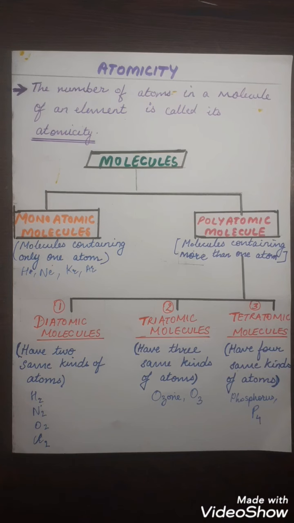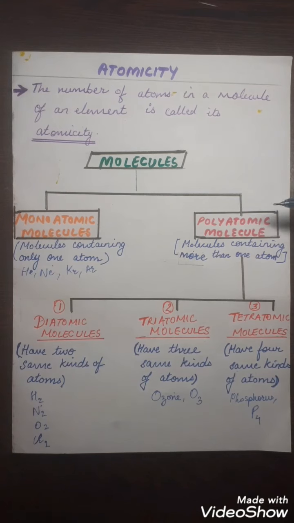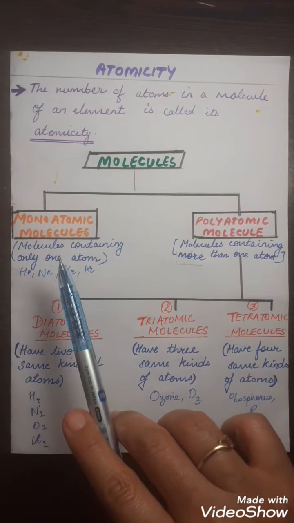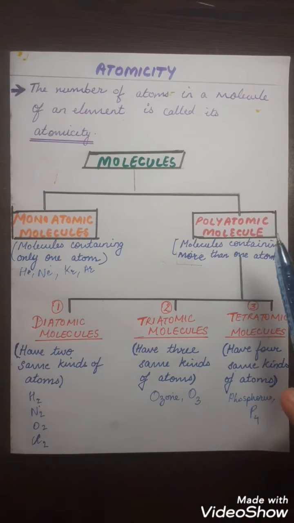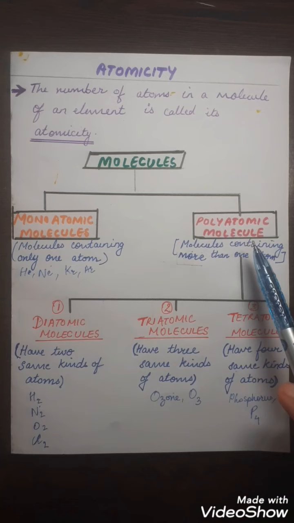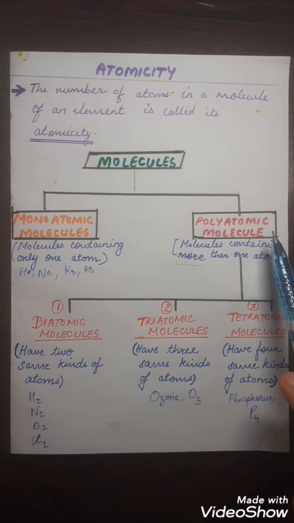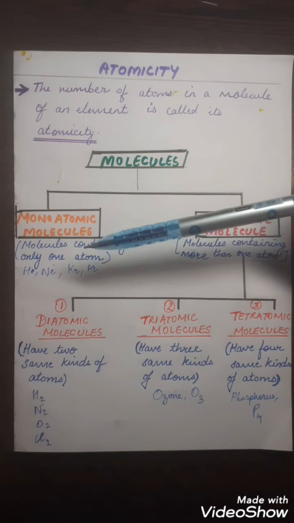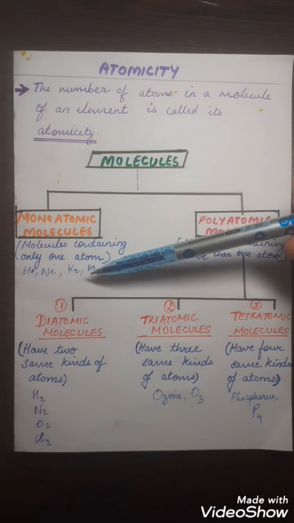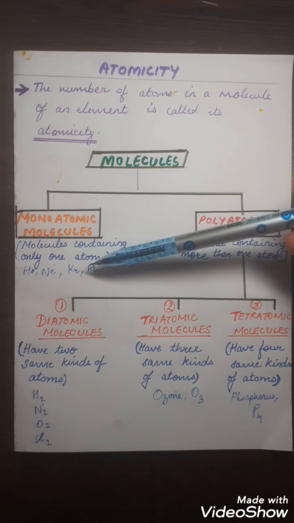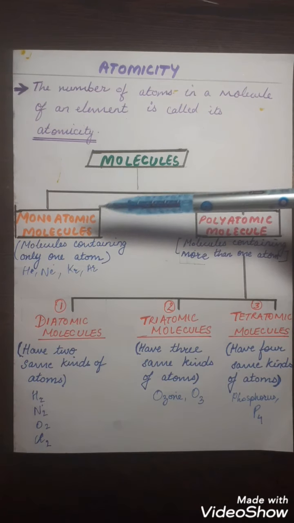Now, homoatomic molecules are of two types: monoatomic molecules and polyatomic molecules. Monoatomic molecules means one molecule containing one atom. Polyatomic molecule, one molecule containing more than one similar kind of atom. Okay, so monoatomic examples are helium, neon, krypton, argon, etc. All the inert gases are monoatomic molecules.